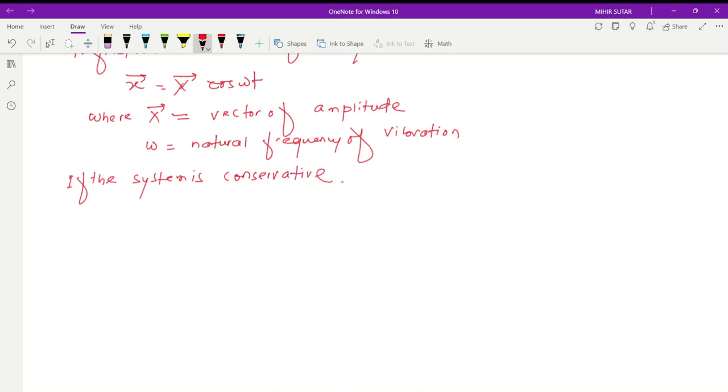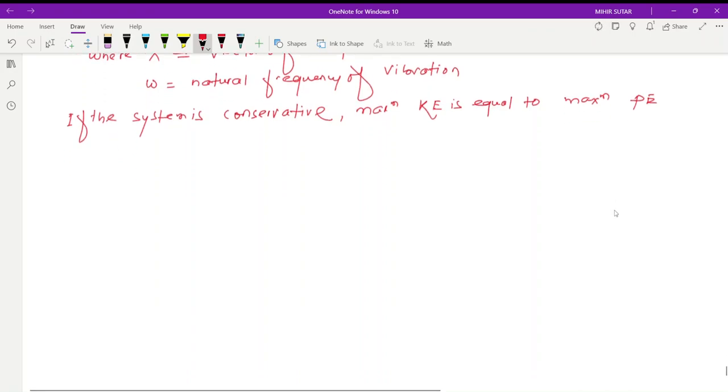Okay. Now if the system is conservative, maximum kinetic energy is equal to maximum potential energy as per Rayleigh's principle. Okay, so you can say T max is equal to V max. Some books prefer U, some prefer V, so the notation doesn't matter.